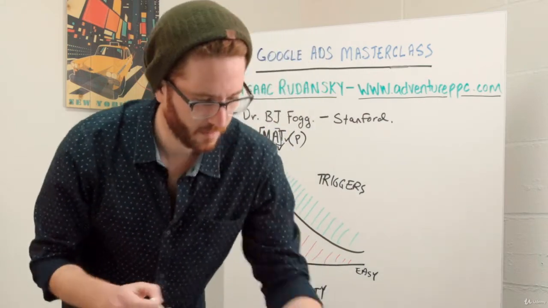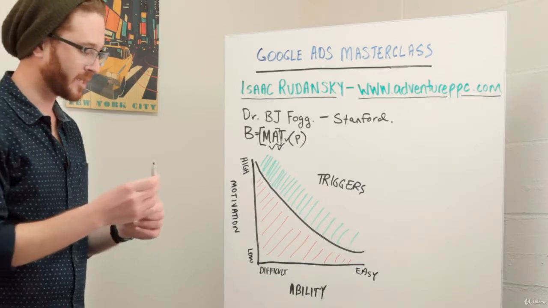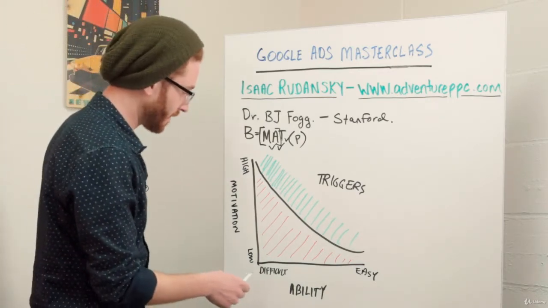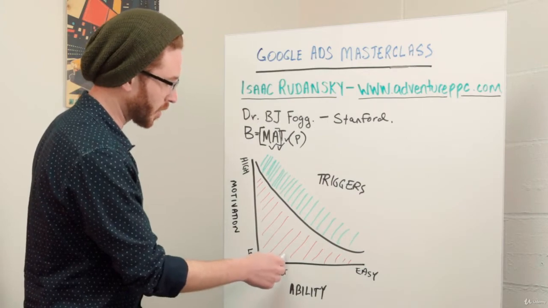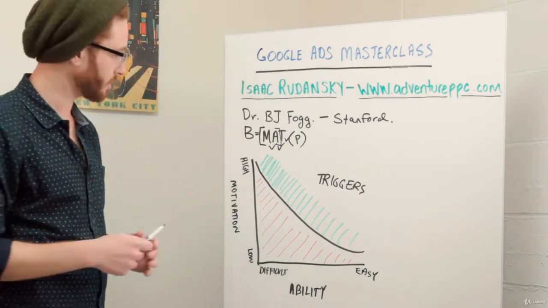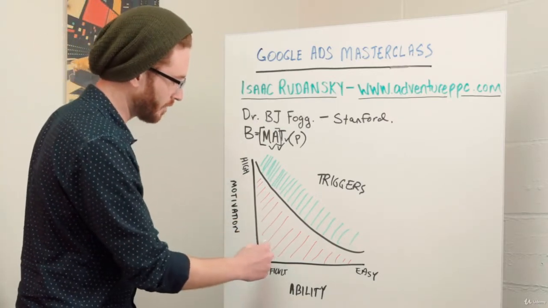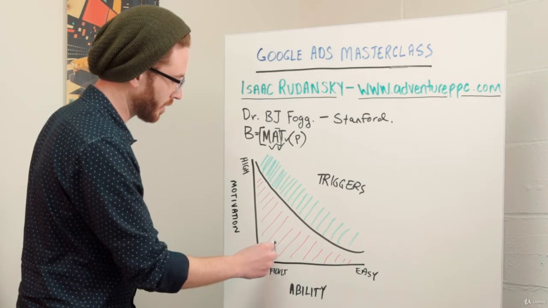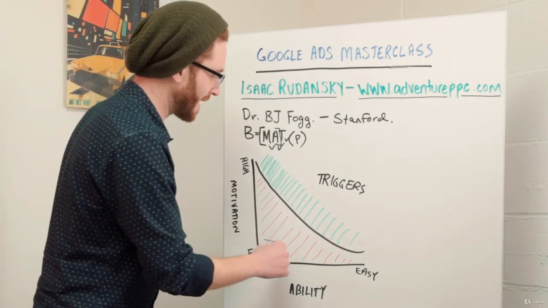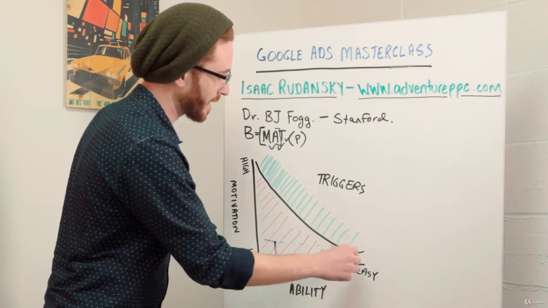So now, let me get a different color. For example, if we're asking somebody to do something, and ability is, let's say, sort of difficult, or perceived ability, perceived behavioral control. There are different ways to refer to it, but basically the task is difficult and the motivation is low, and you fall right here. No good. But if motivation stays low, but the task becomes really easy, then the behavior could actually succeed.